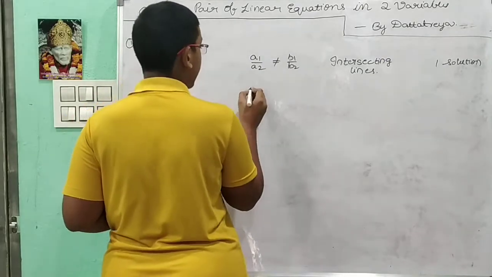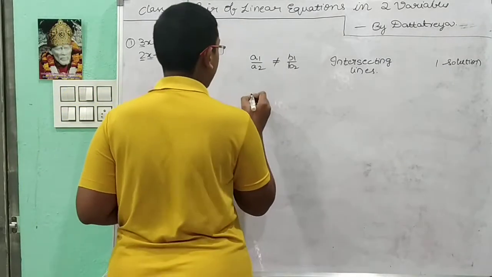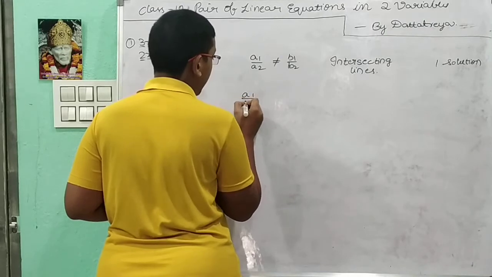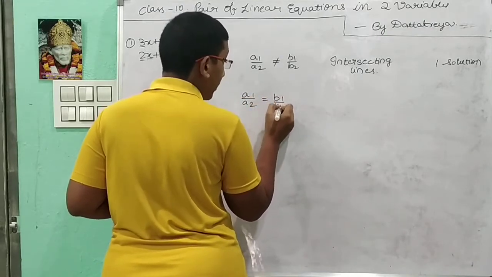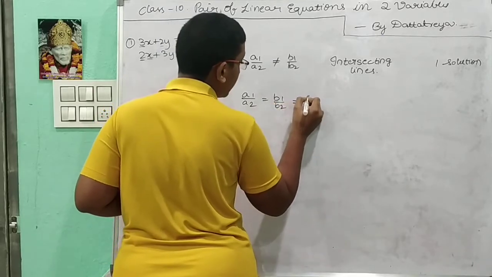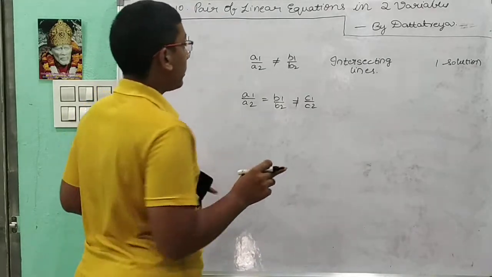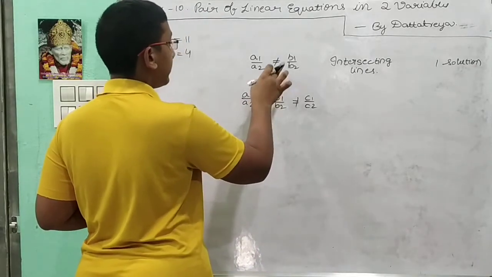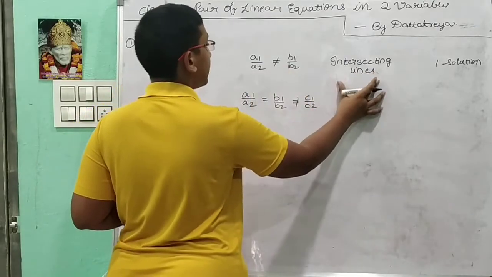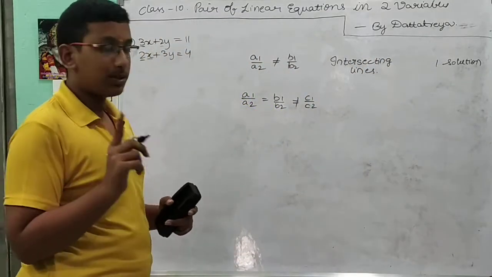Our next ratio is A1 by A2 equal to B1 by B2 but not equal to C1 by C2. In the earlier type, where the first two ratios are not equal, they are intersecting lines and have only a unique solution, nothing but one solution.